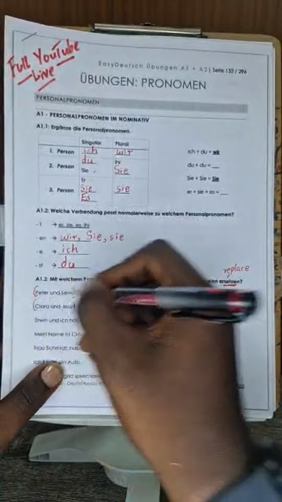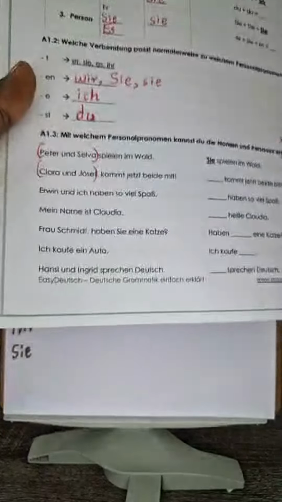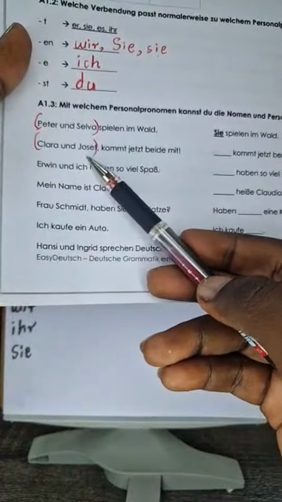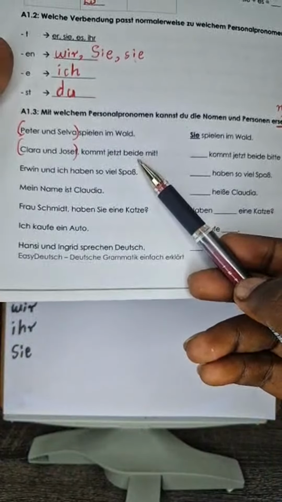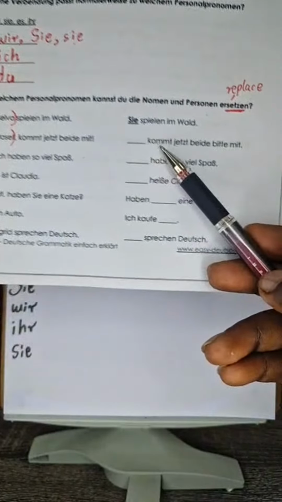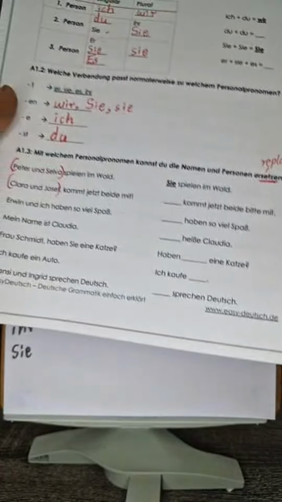It's like a command. Normally, when forming commands in German in the ihr form, the verb tends to end in T, right? So again, Clara und Josef, kommt jetzt beide mit. Now, this one I would replace with ihr. So, ihr kommt jetzt beide mit.